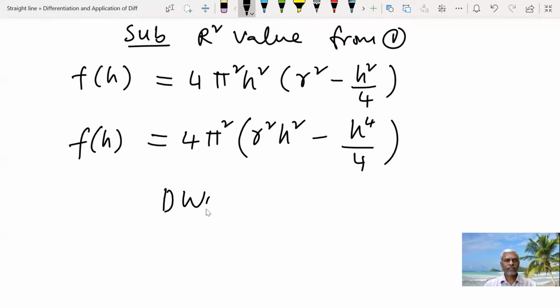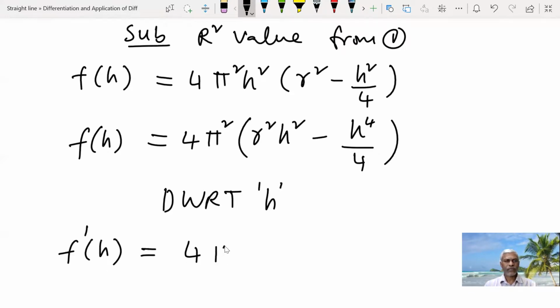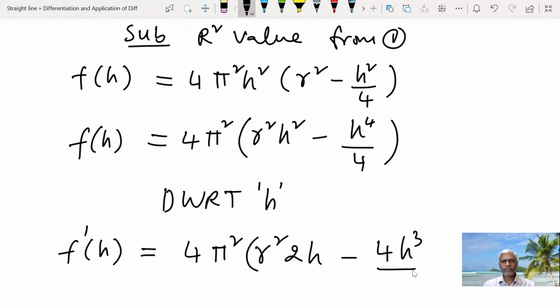Now differentiating with respect to h, f dash h is equal to 4 pi square, and the radius of the sphere, small r, is given, so it is constant, it is fixed. The derivative of h square is 2h, and of h power 4 is 4 h cube by 4, where the 4 will get cancelled.